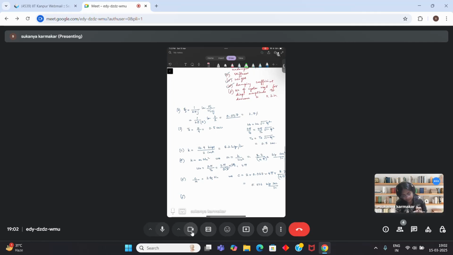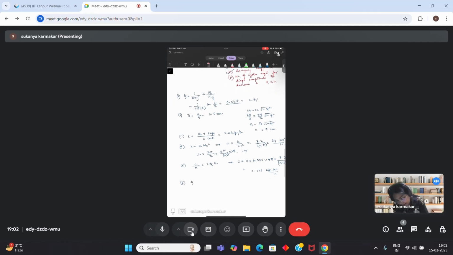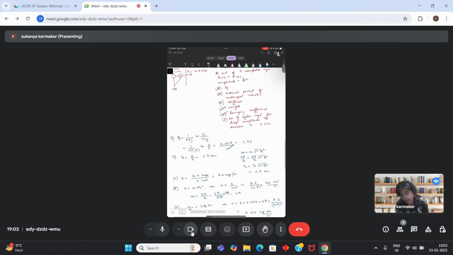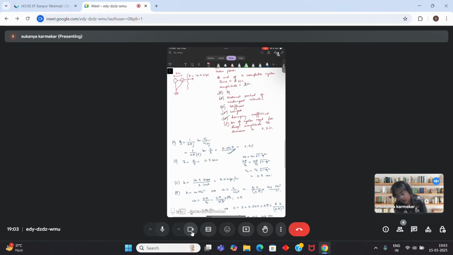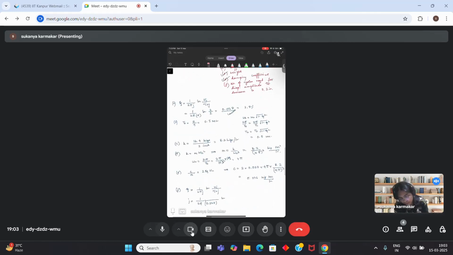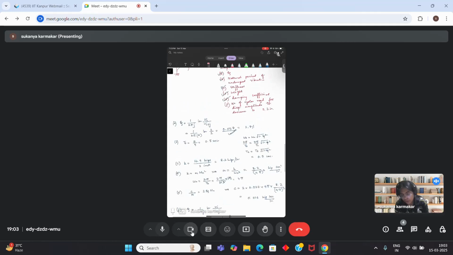So again, let us use this formula that damping ratio is equal to 1 by 2 pi j ln of ui by ui plus j. Now I have to calculate j, that is number of cycles. So 1 by 2 pi. What is zeta? We already know that is 0.027 from here. And at the first cycle, your u1 is equal to 2 inches. And what do you want?